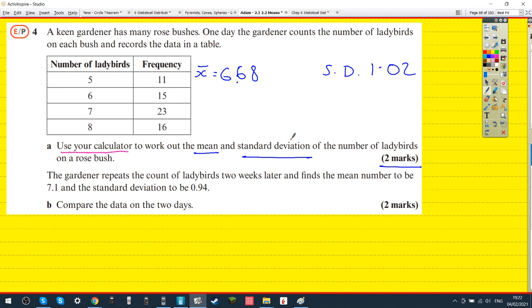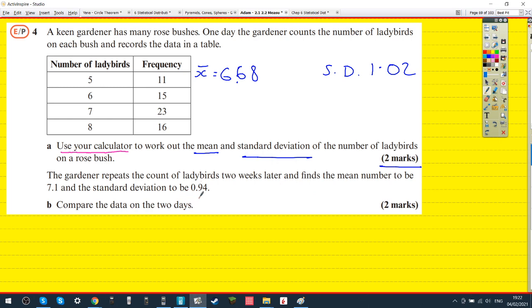In the context of the question, let's do mean first. There are more ladybugs on the rose bushes. So on average, there's more ladybirds on the rose bushes 2 weeks later. That's increased.